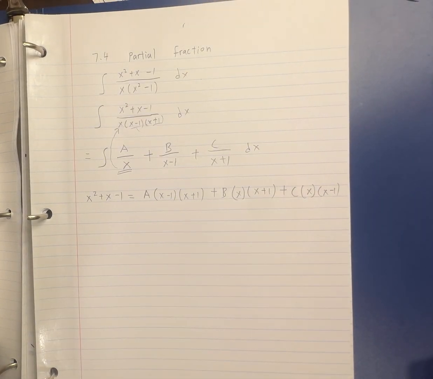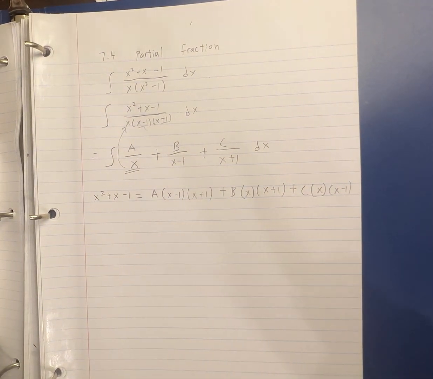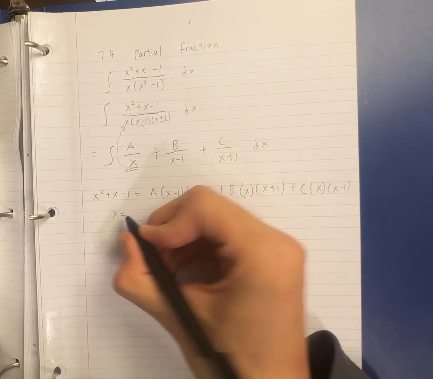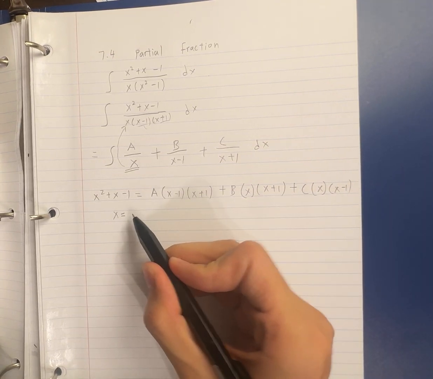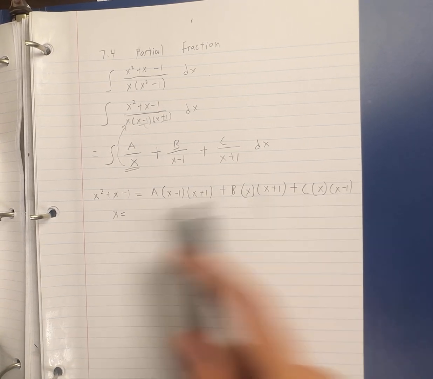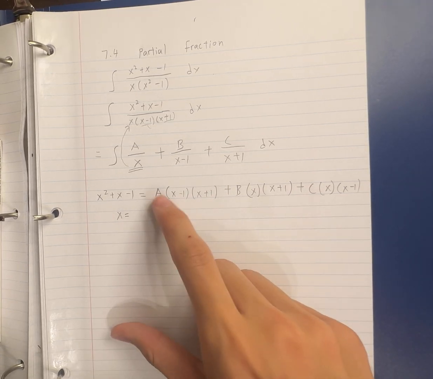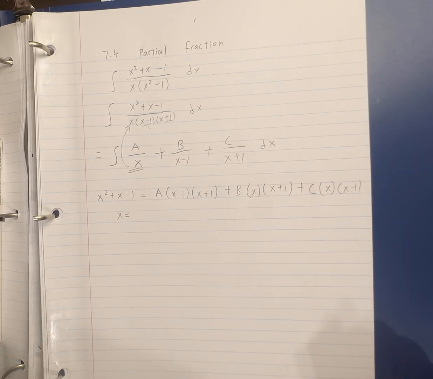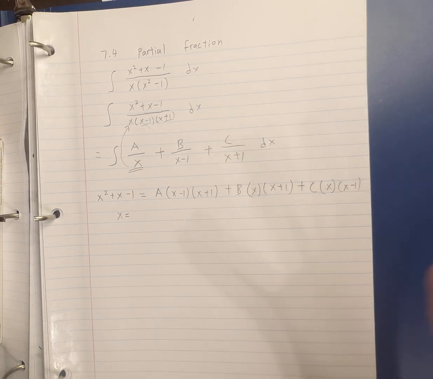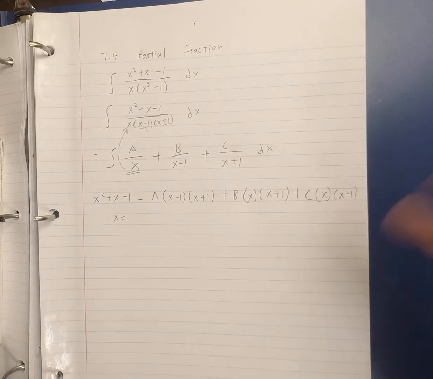And now we're going to have to solve for A, B, and C. How we do that is we can set x equal to something that could make it easier to figure out. So let's solve for A first, one by one. If we want to solve for A, one thing we want to do to make it easy is to get rid of B and C for right now. So how do we do that? Easiest way is we just set B and C to 0.